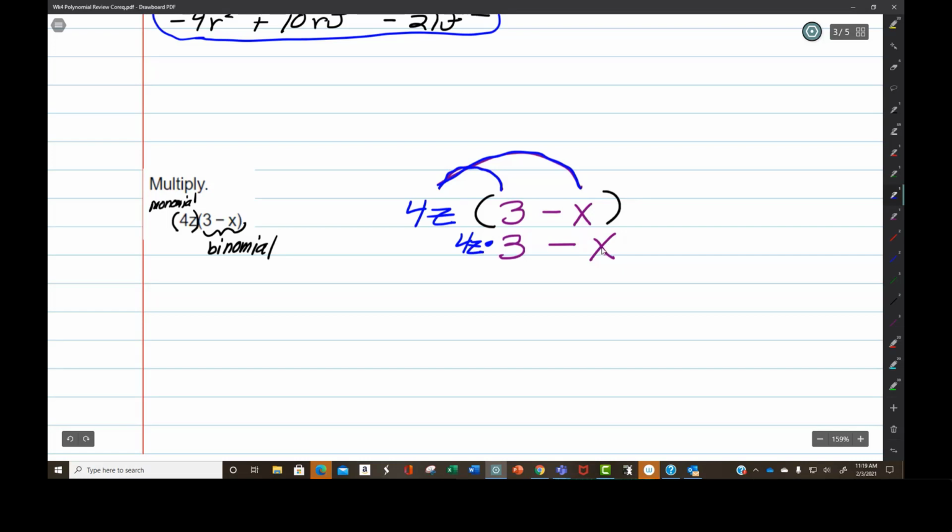And multiply by the x. Like that. And then clean it up.